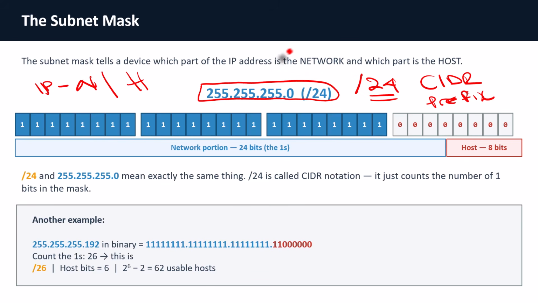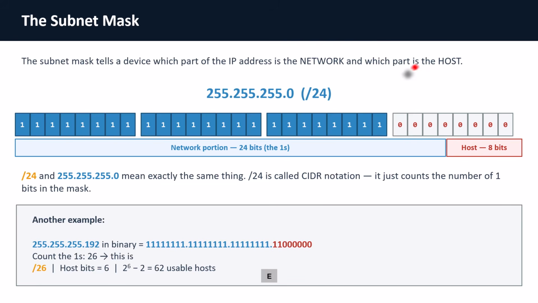So if you ever find any IP address like 8.8.8.8 with a prefix of, let's say, 16, then this shows that this particular IP address has a total of 16 network bits. So we are talking about our subnet mask. It can be written this way.